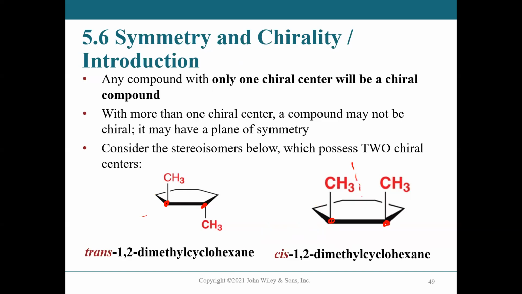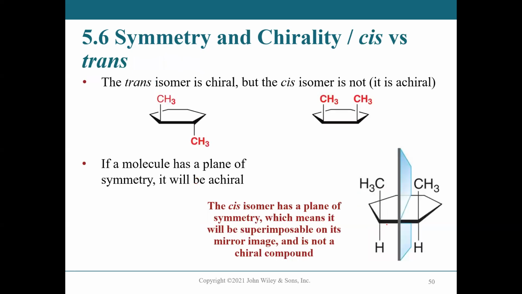But this one has a plane of symmetry down here because it looks the same on both sides. And the cis isomer has a plane of symmetry, which means it will be superimposable on its mirror image and is not a chiral compound.